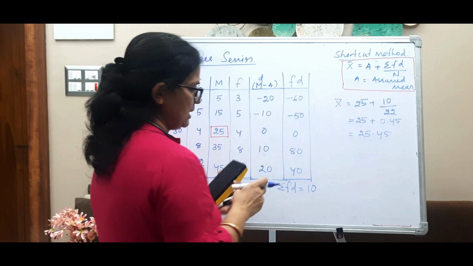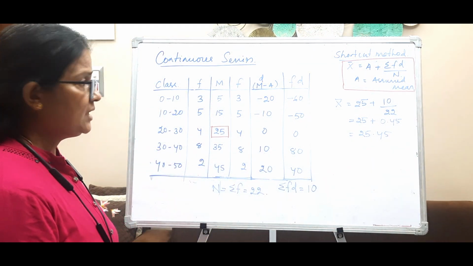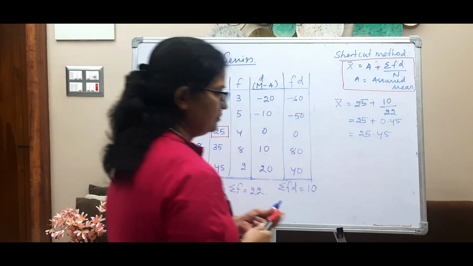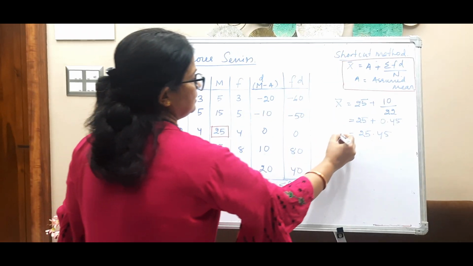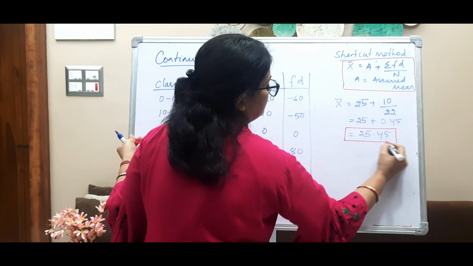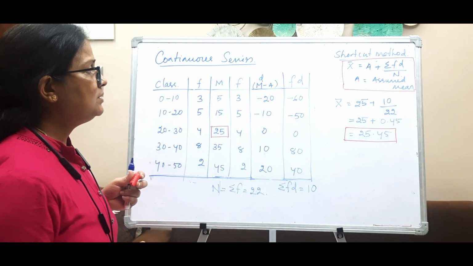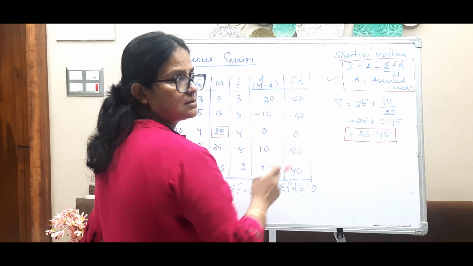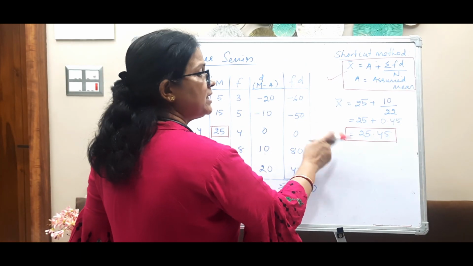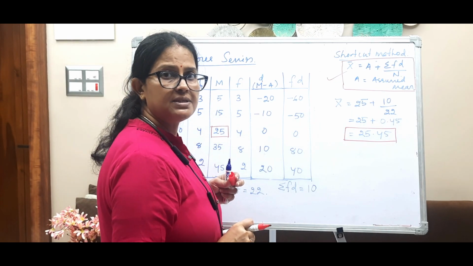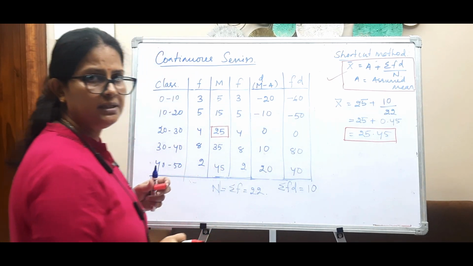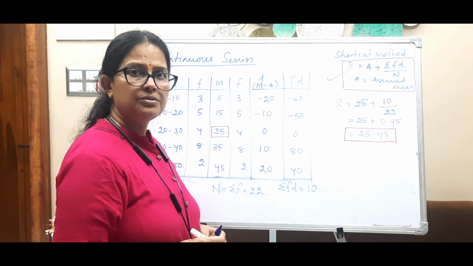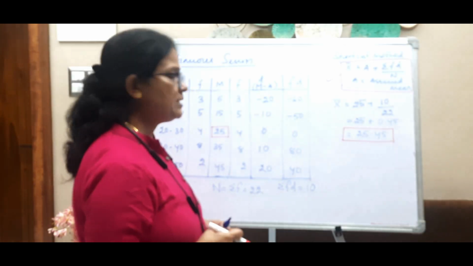This is our answer for the shortcut method. So remember the formula for the shortcut method is this, and our answer is this. And our answer matches our previous answer from the direct method, 25.4. Let us go to the step deviation method.